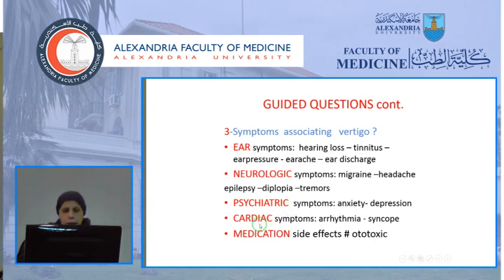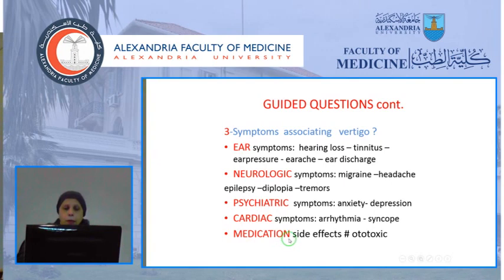Cardiac symptoms, yes, arrhythmia is a disturbance of the pulse rate, and this will eventually mean there is a disturbance of the blood flow and may lead to syncope, and these are very important and are emergency problems. So these symptoms should be considered in terms of the dizziness or the vertigo experienced for the appropriate intervention.